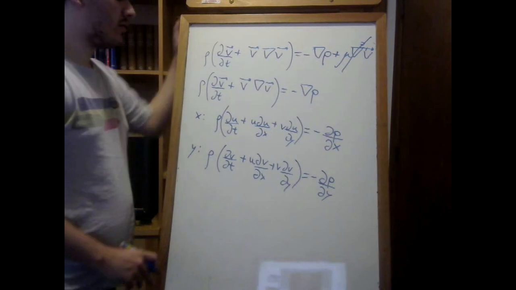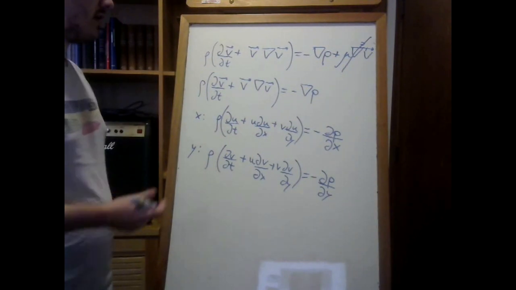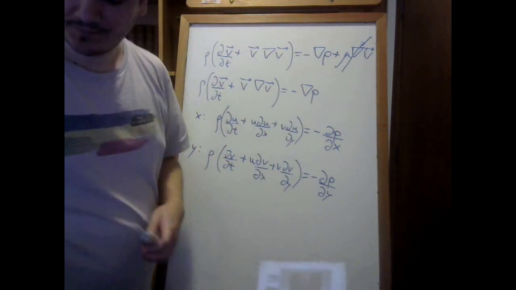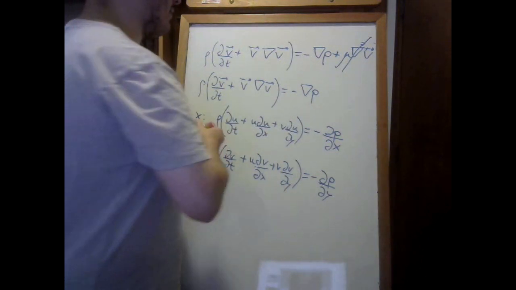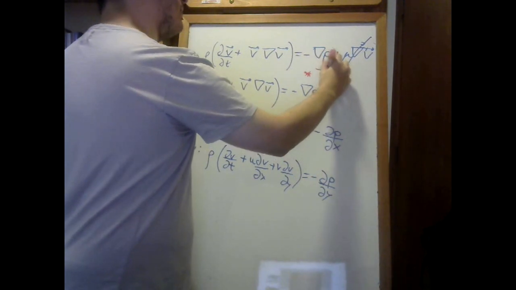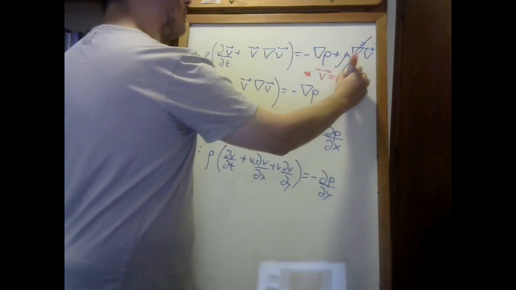Okay, so we're going to do another simplification. Remember our velocity vector here is denoted by this: v is equal to u and v.